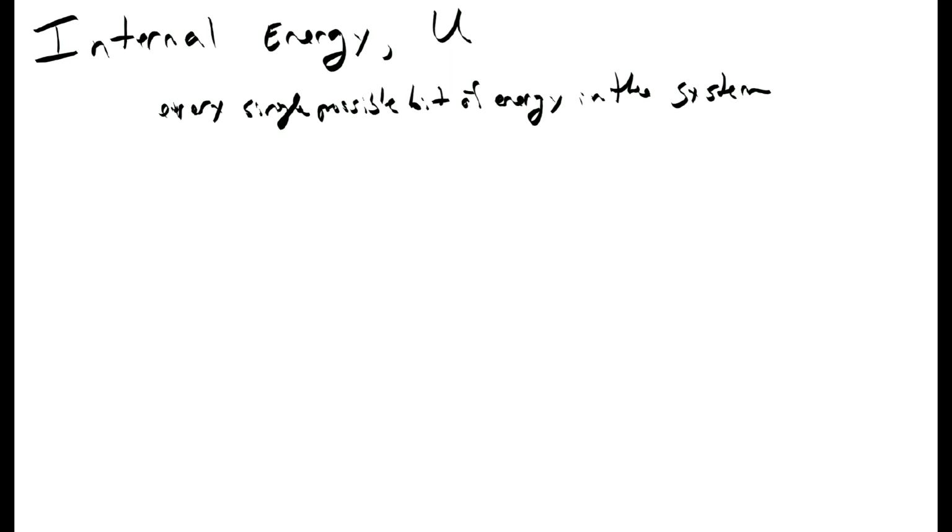And in this case, it also helps to remember the distinction between system and surroundings, because the U, the total energy of the universe, is equal to the energy of the system plus the energy of the surroundings. Okay, so every single scrap of energy in the universe is just the energy of the system plus the energy of the surroundings.